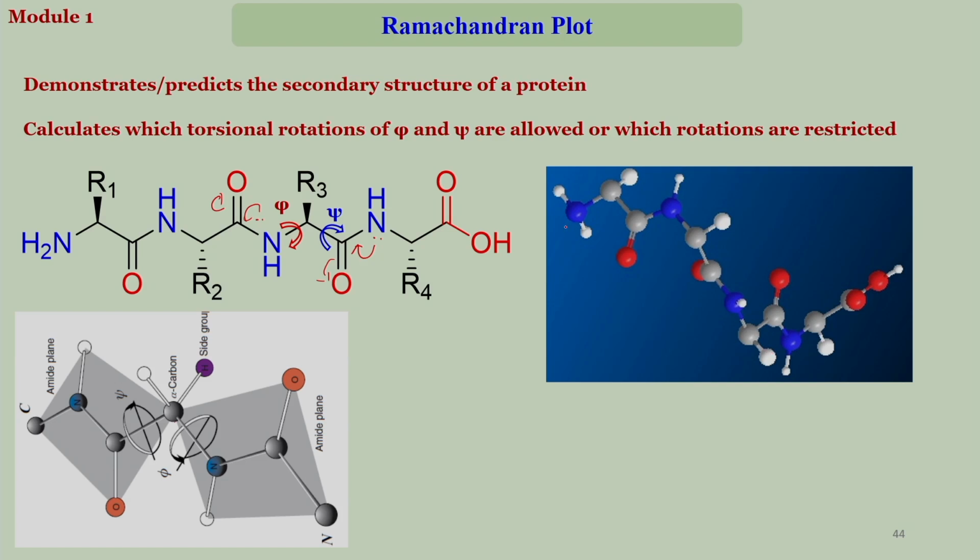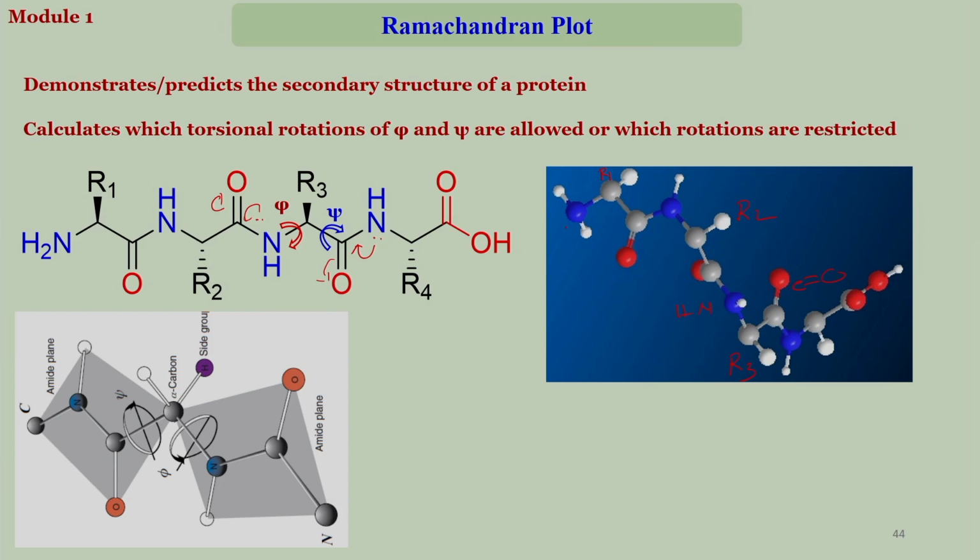This is the amine, this is R1, this is R2 and this is R3, this is NH and this is your CO. Now if you keep this fixed and rotate this bond, everything on the right hand side would rotate along with it, because they are all connected to this.